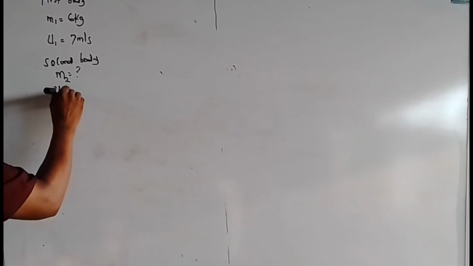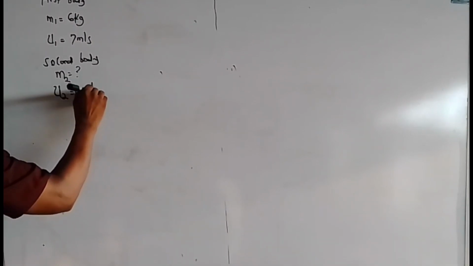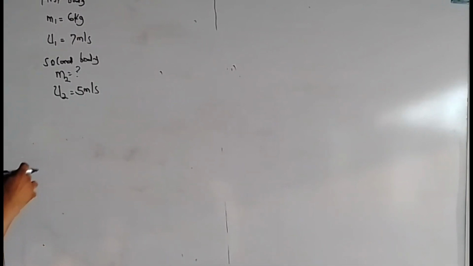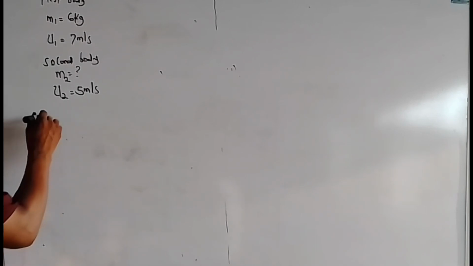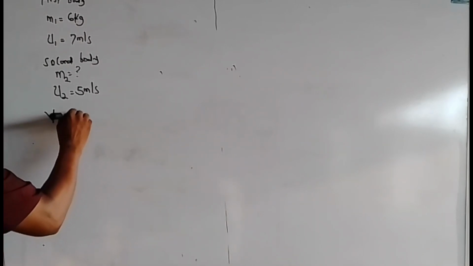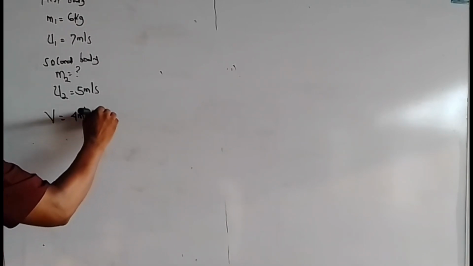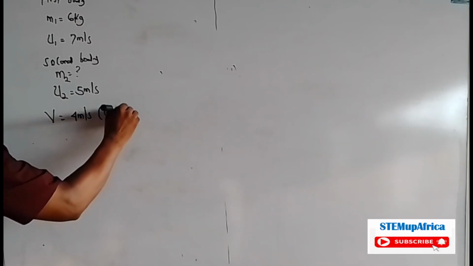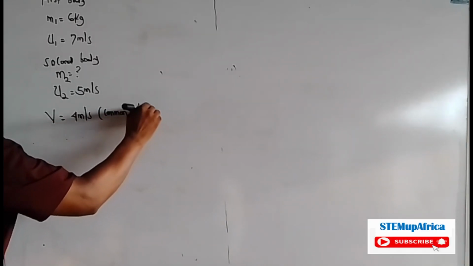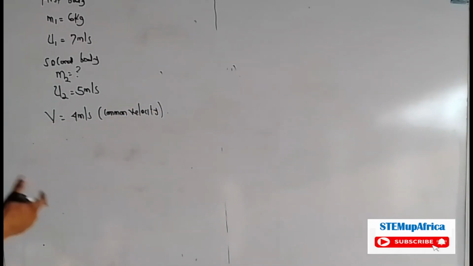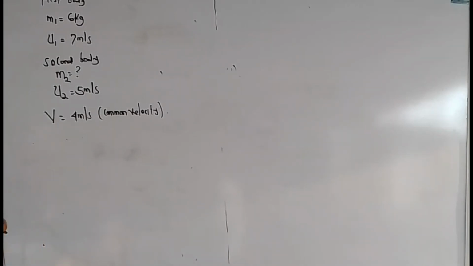Let's call it M2, is unknown. Second velocity is 5 meters per second. So after collision, the two bodies move with common velocity v. Let's call that v as 4 meters per second, common velocity. If we follow the principle of conservation of linear momentum, it says total momentum before collision is equal to total momentum after collision.